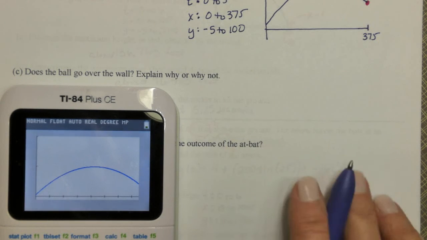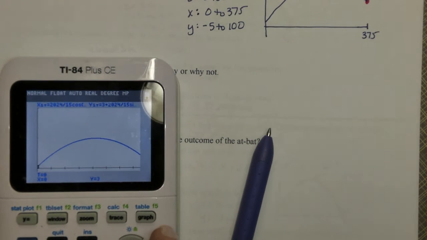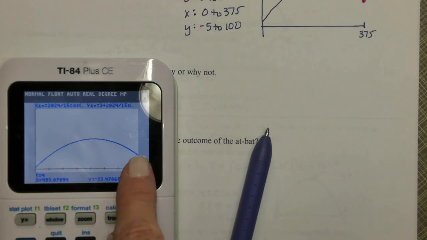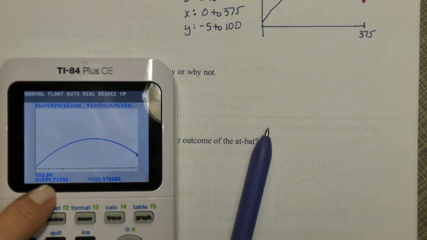Okay, so back to our graph. I'm going to trace and I'm going to go over. So let's see, 4 maybe? Oh, 4 is already off the curve. How about 3? Yeah, 3 is almost there. So I really only needed to go to a little over 3 seconds on my time. So I'm going to go to 375.